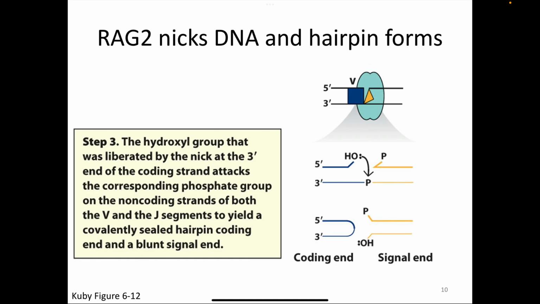And so if we had a patient who could not open the hairpin, they would die as a child of infectious diseases because they would not have B cells and T cells. Okay? That's going to come back. You'll see.